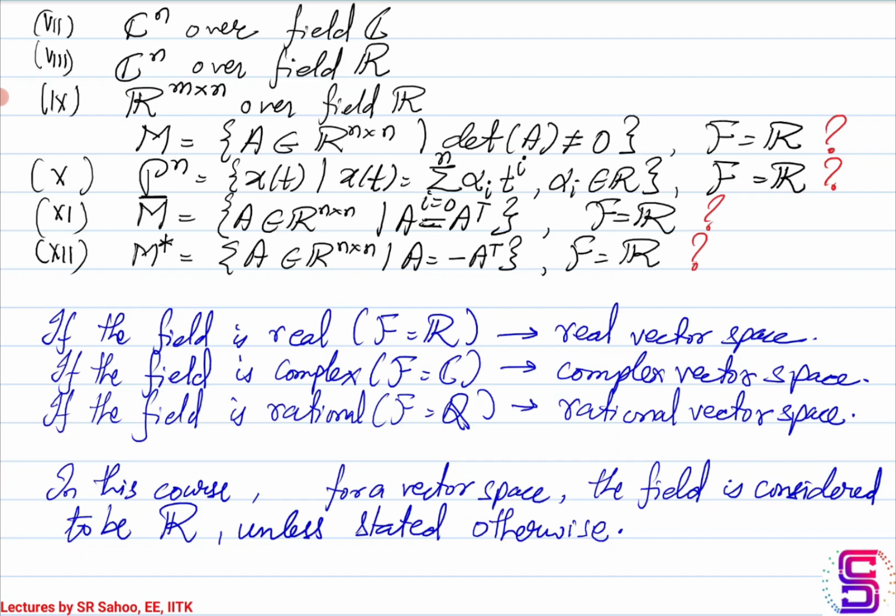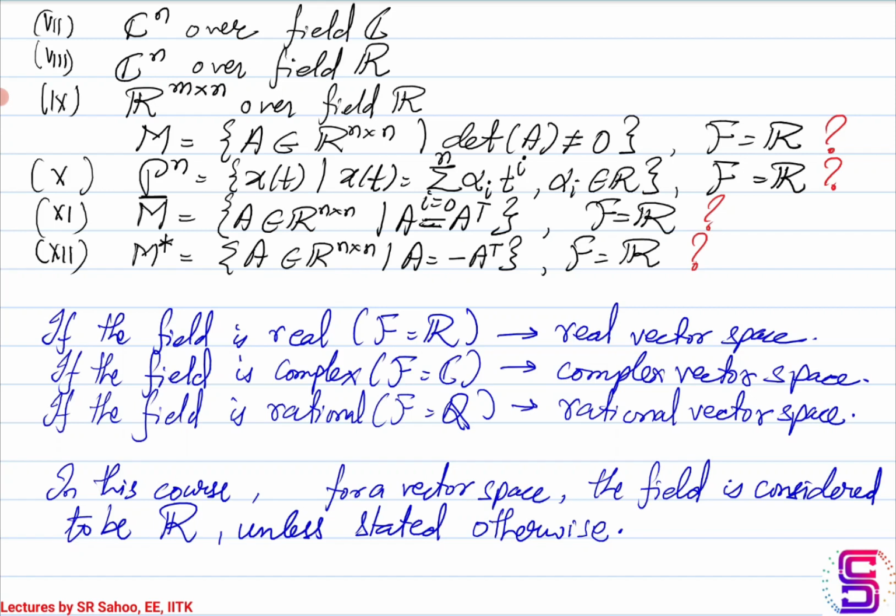Now there is something that is associated with the vector space. How do you say what the field associated with it is? Let's say that you have a set V and the field being considered here is the set of real numbers R, and suppose this V is a vector space over the field R. In such cases this vector space is also termed a real vector space.